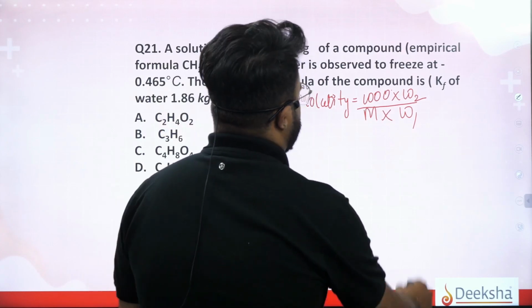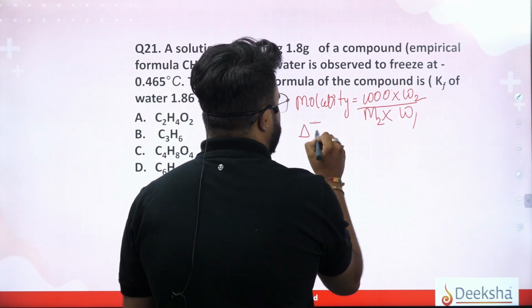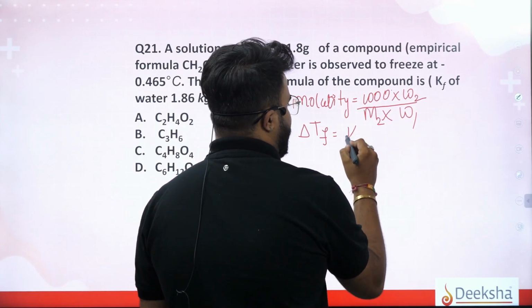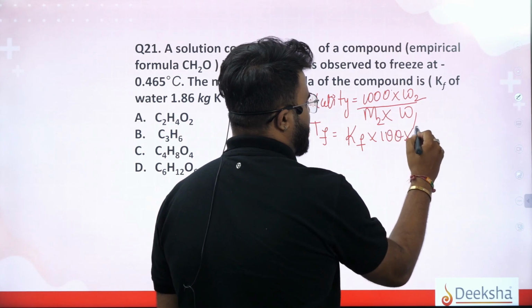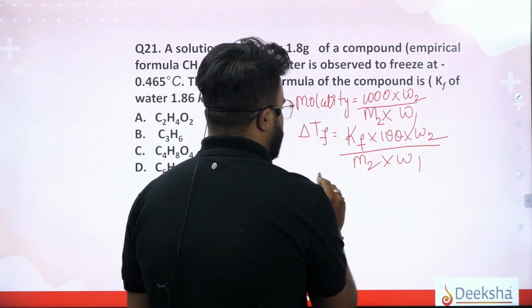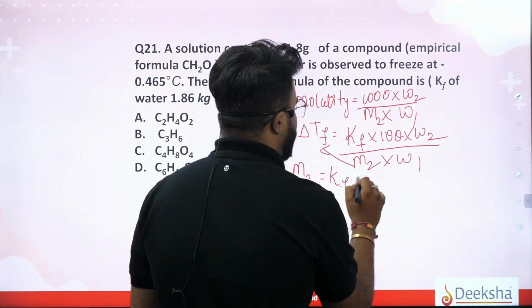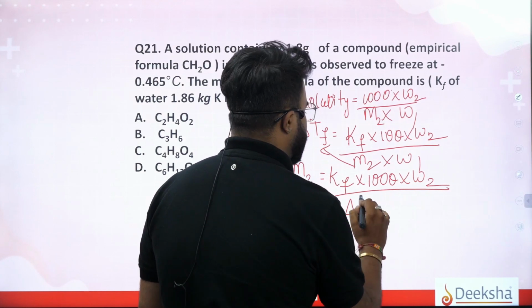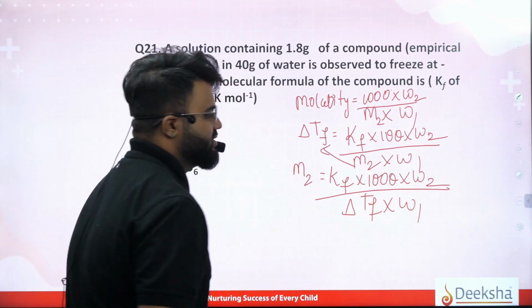Now we know that delta TF, the freezing point depression, is equal to KF into 1000 into W2 divided by M2 into W1. Now cross multiply: M2 is equal to KF into 1000 into W2 divided by delta TF into W1. So this is the formula.